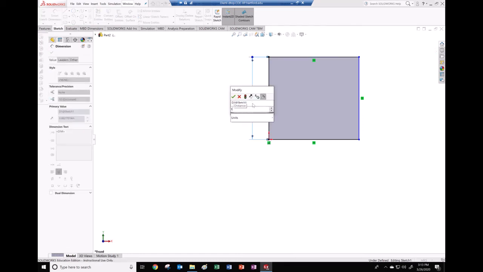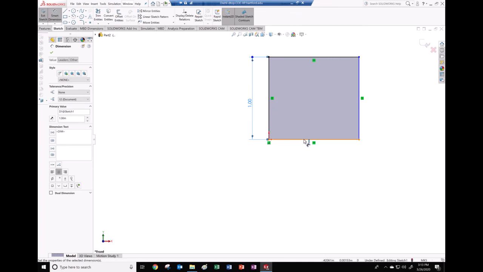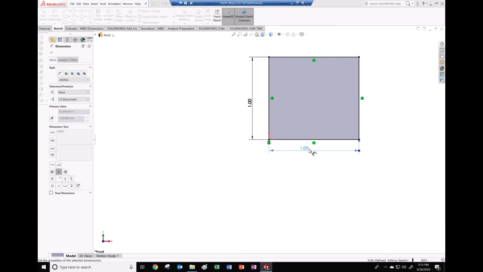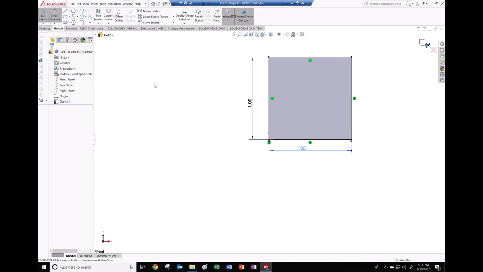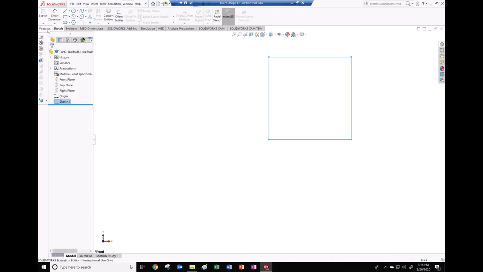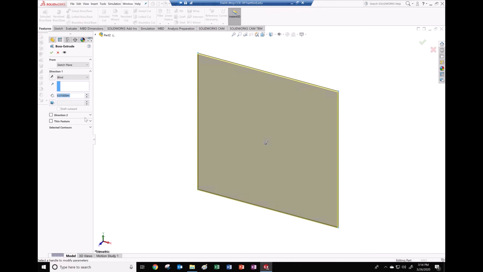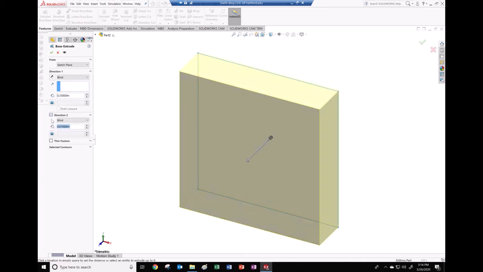So that's going to make that 1 meter, and this is going to be 1 meter. And I'll extrude this. I don't think it really matters, but I'll do 0.25, and I go in the other direction, 0.25, so there's a total of 0.5.